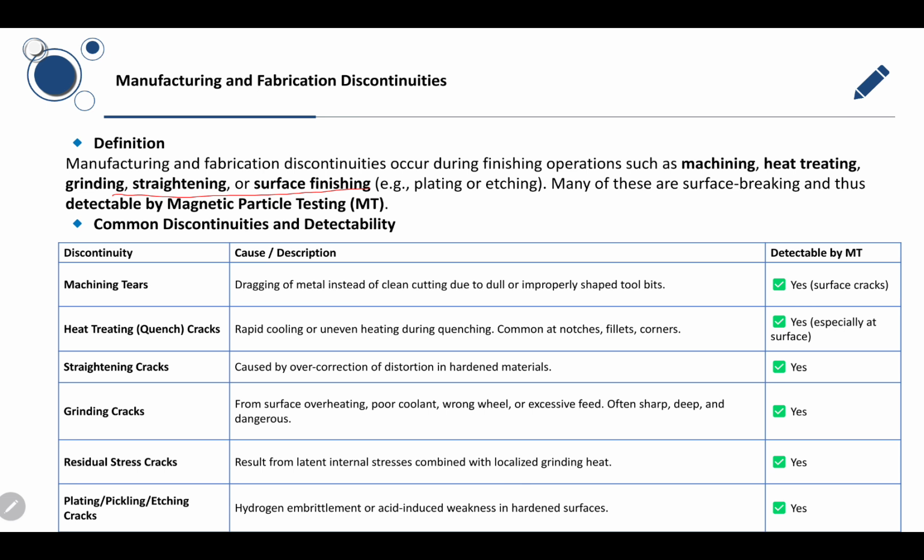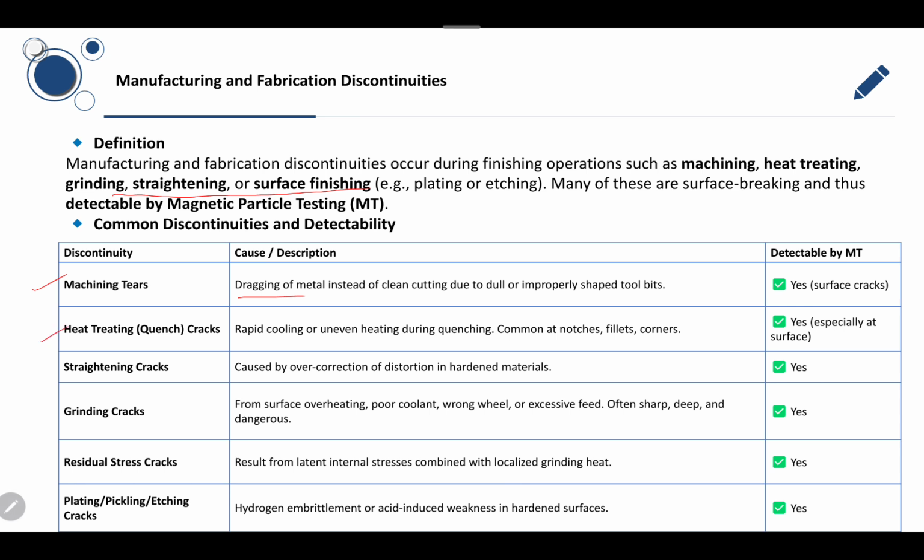Many of these are surface breaking, making them highly detectable by MT. Common manufacturing discontinuities: machining tears. These are caused by dragging of metal instead of clean cutting due to dull or improperly shaped tool bits. They are detectable as surface cracks.